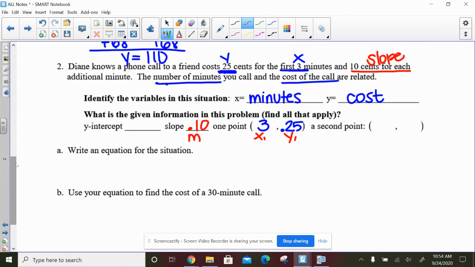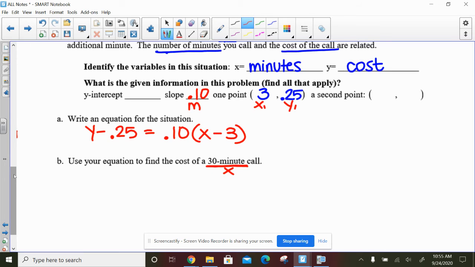Write an equation for the situation. So Y minus Y1, 0.25, equals 0.10 times X minus X1, which is 3. This says use your equation to find the cost of a 30-minute call. Minutes are your X's, and I'm wanting to know my cost, so I'm going to plug in 30.